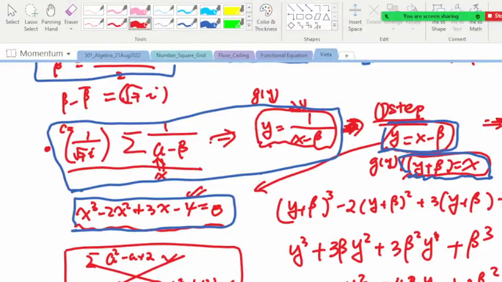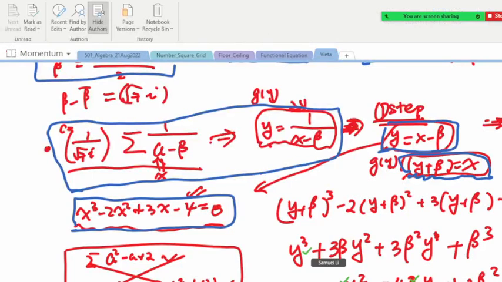Do you agree with me? Yeah. Okay, now we know what? We know that a minus beta, b minus beta, and c minus beta are the roots of this equation. Do you agree with me?